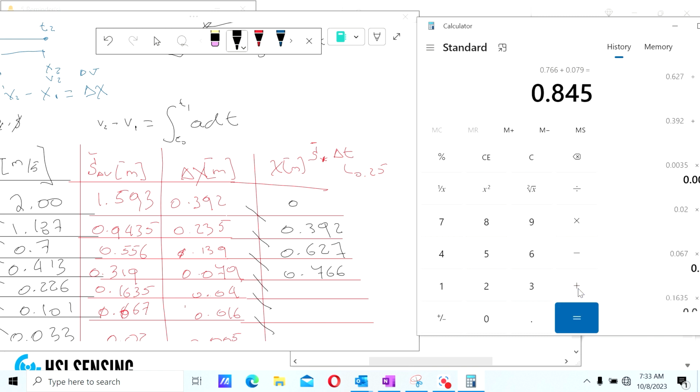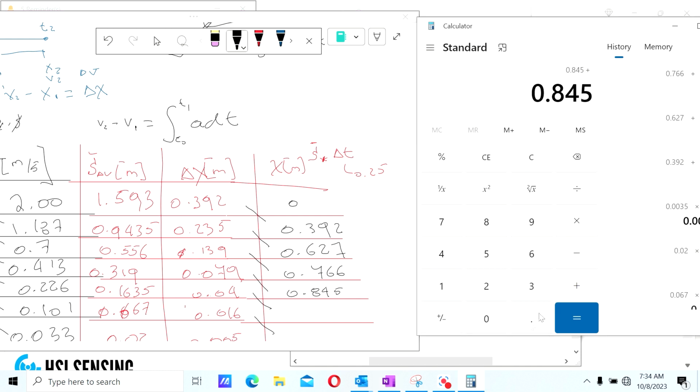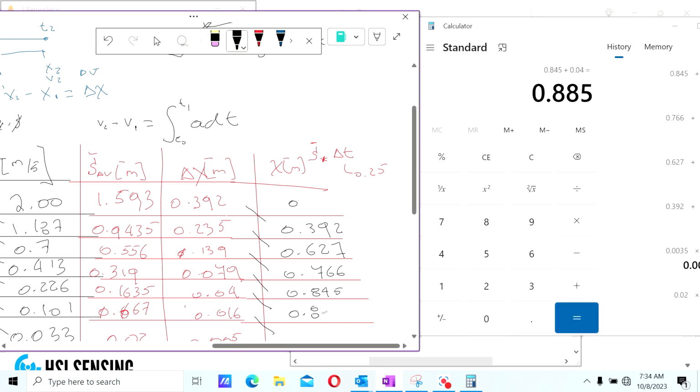That plus 0.079, which is 0.845. That plus 0.04, which is 0.885.